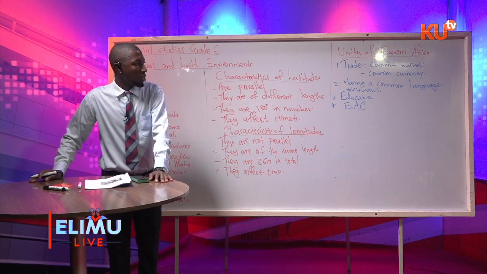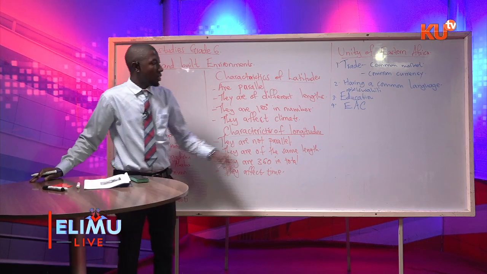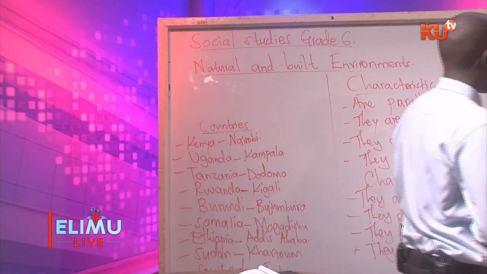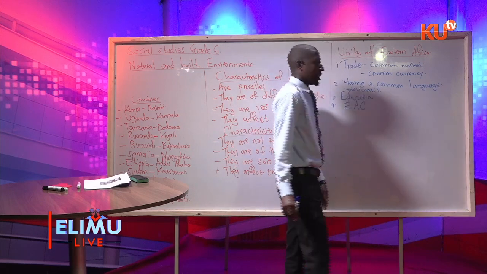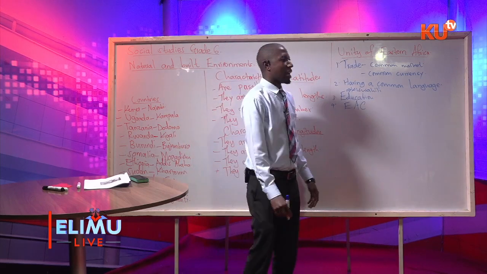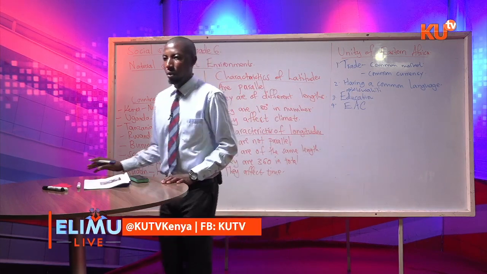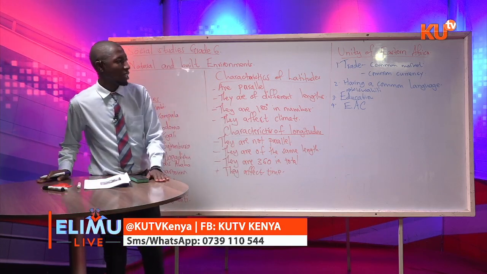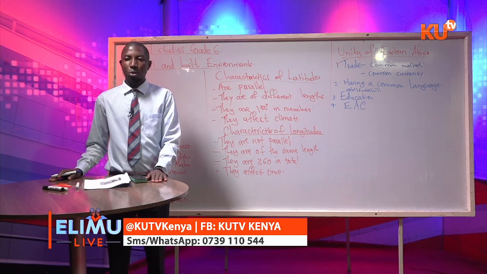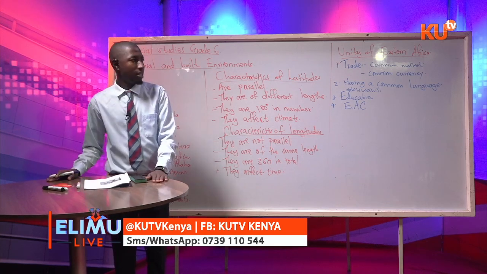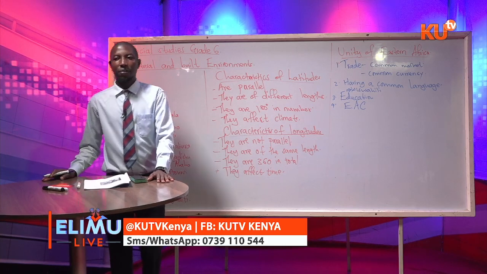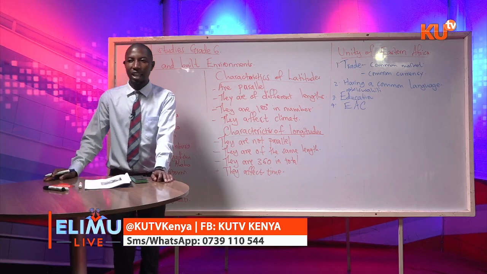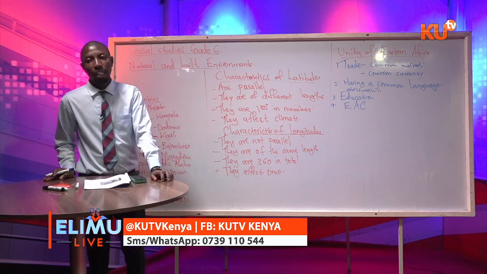And not just that, we have the EAC Legislative Assembly, which is called EALA, the Eastern Africa Legislative Assembly, where we nominate members of parliament from our different countries in the region, and they go to Arusha, where we have the parliament for EALA. The headquarters of EALA are in Tanzania, in a town called Arusha.